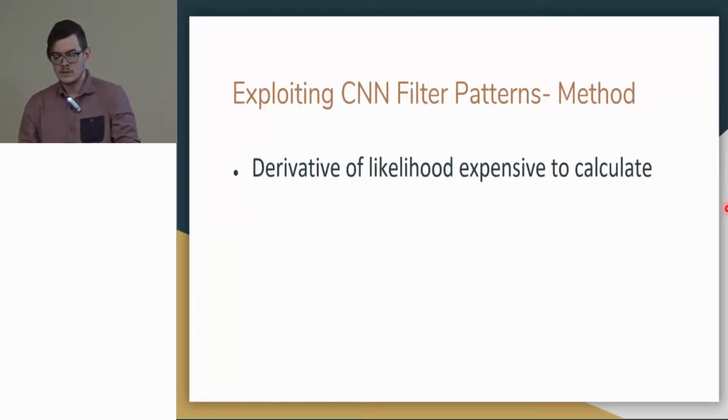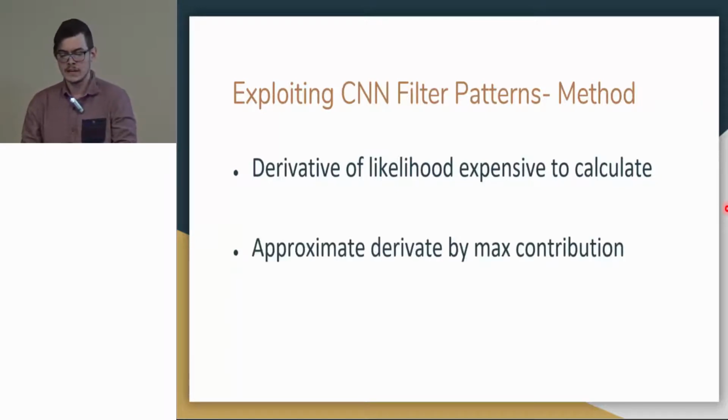So backpropagation of our regularized loss needs a derivative form. Derivative of negative log likelihood is expensive, so we approximate derivatives by using the mixture component that contributes the most.